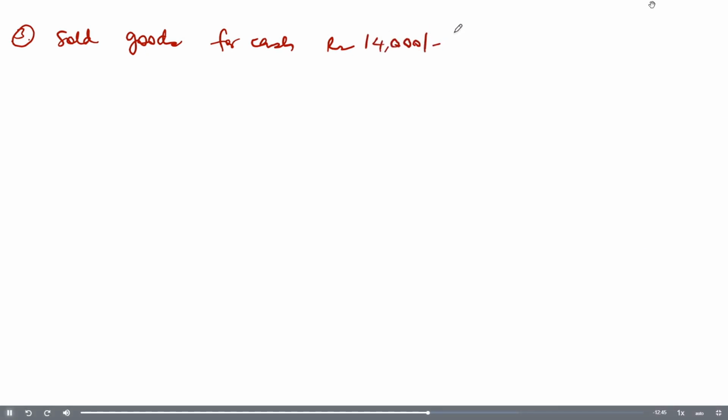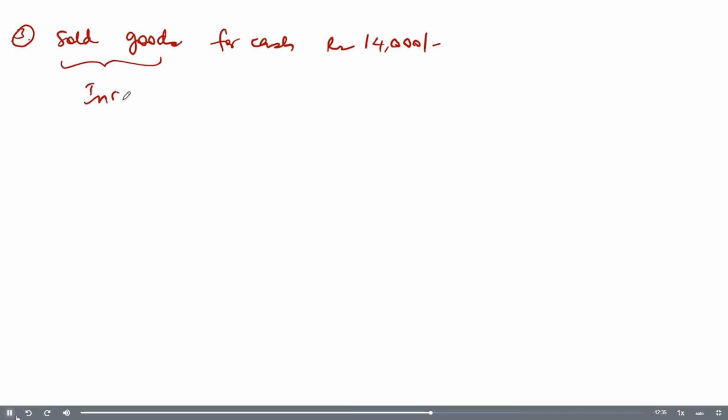Let me give you one more example. Sold goods for cash rupees 14,000. So business has sold goods. Sale of goods means we have got an income.